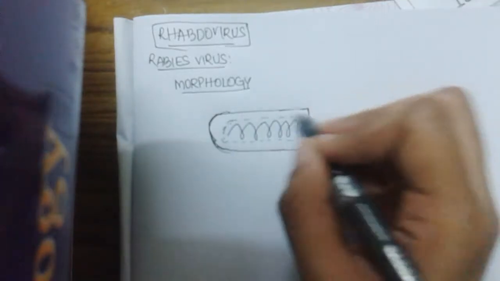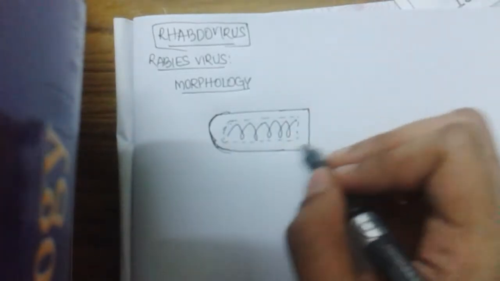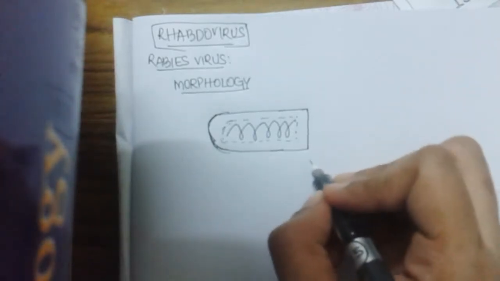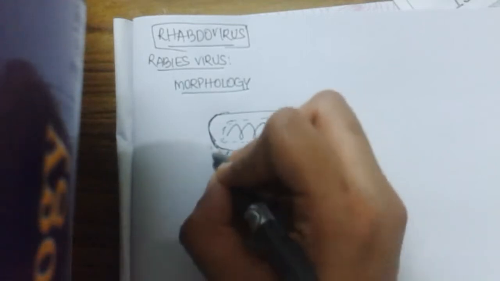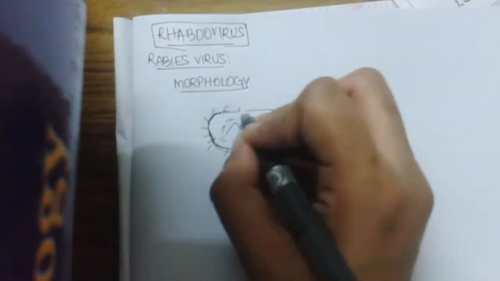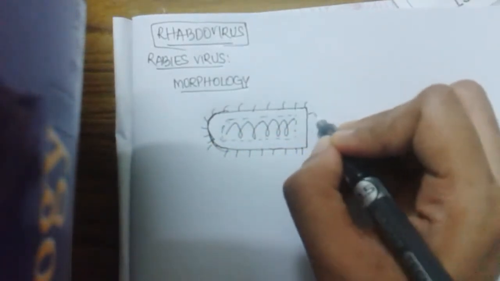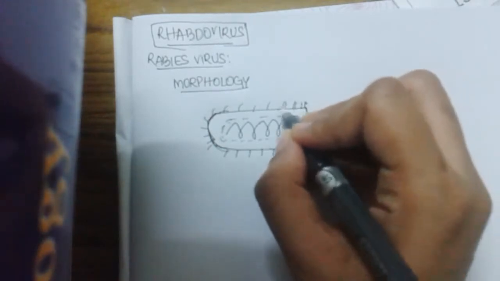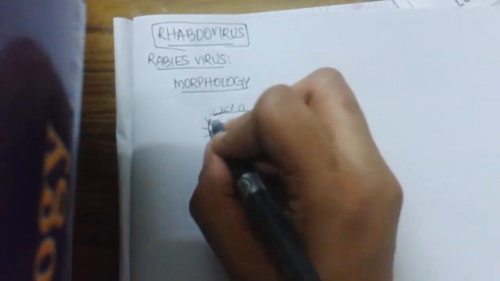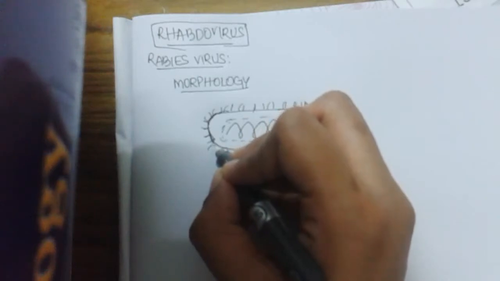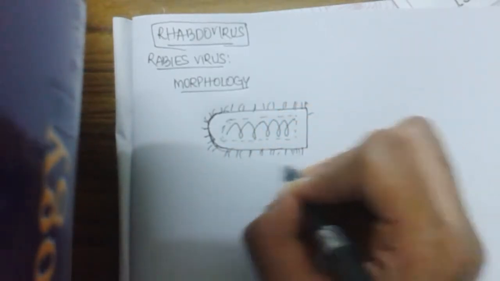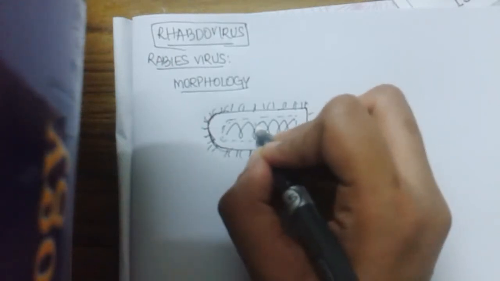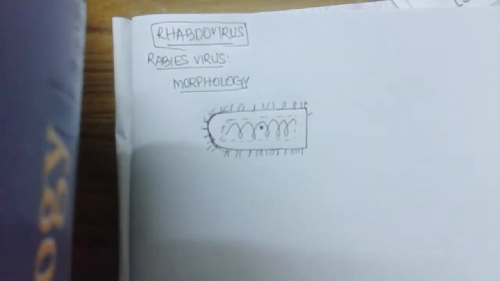This is the lipoprotein envelope, and to this lipoprotein envelope there are peplomers which are attached. And in the matrix there is an RNA dependent RNA polymerase. Fine.